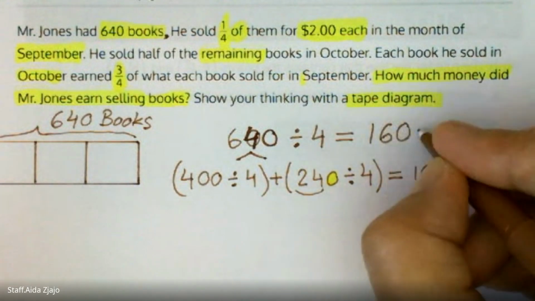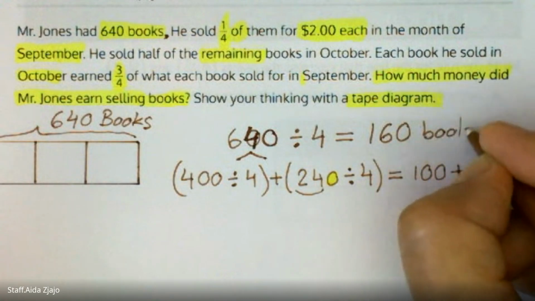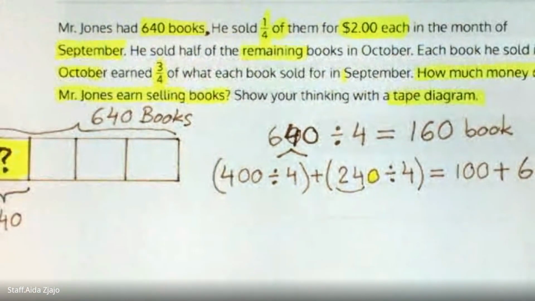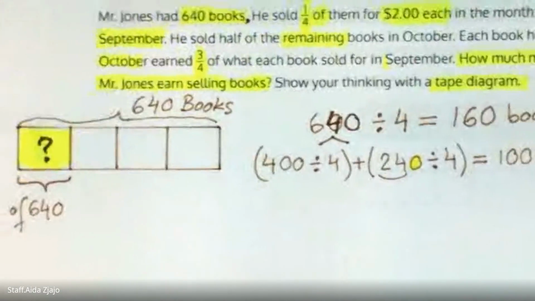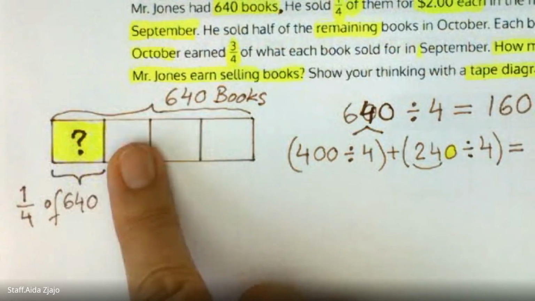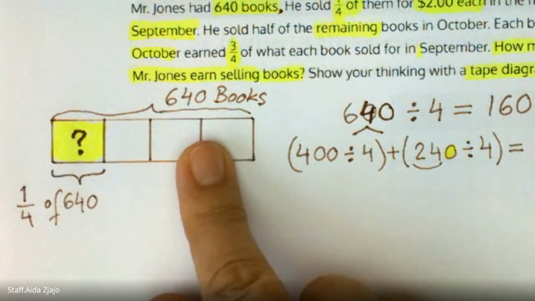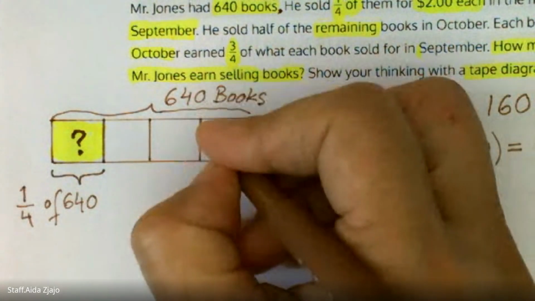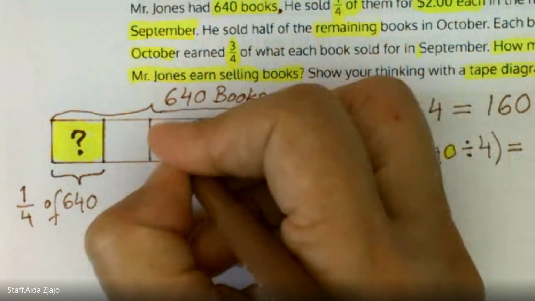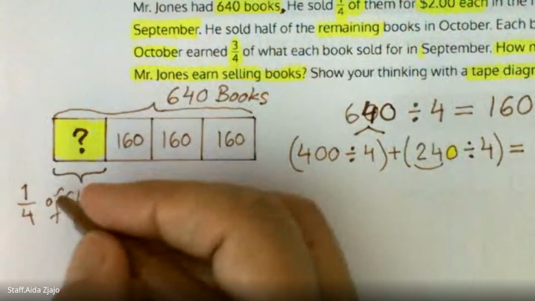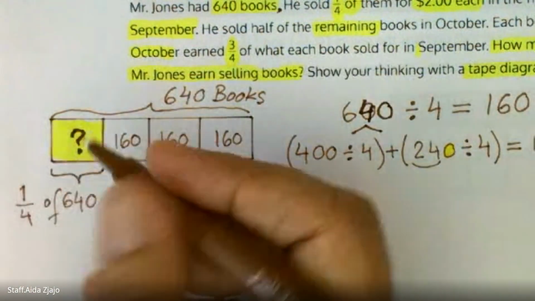Okay, so when I look back at my tape diagram, I know now that each of these parts is 160. So I can label it 160, 160, 160, and also here, this is 160.